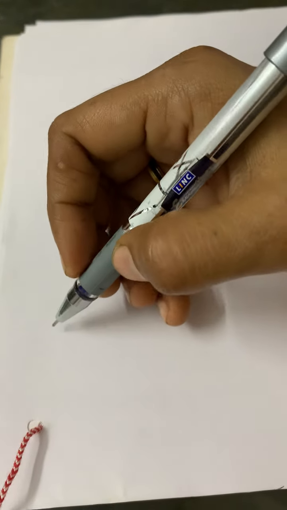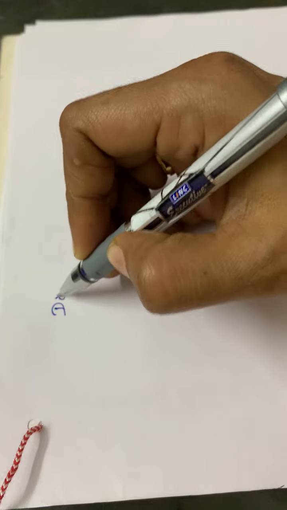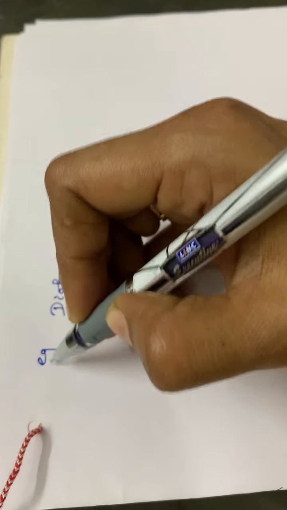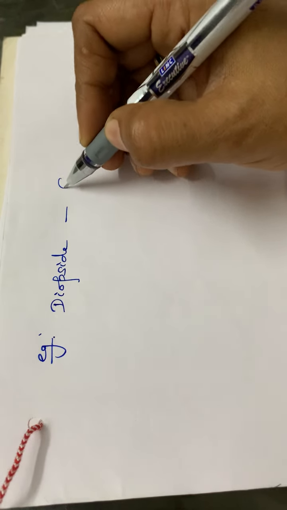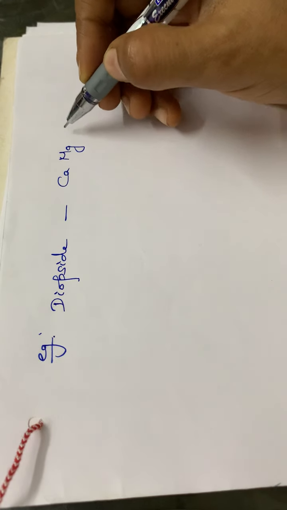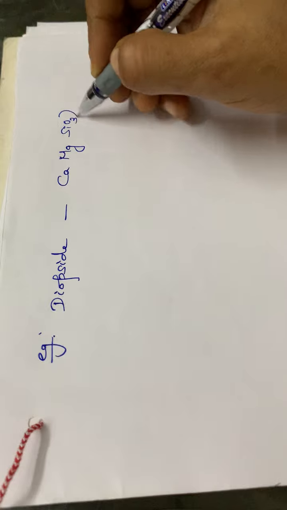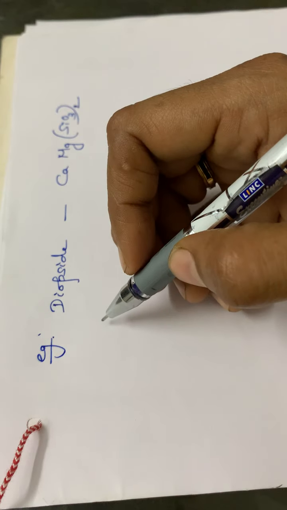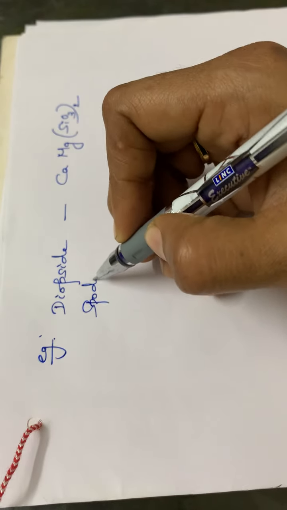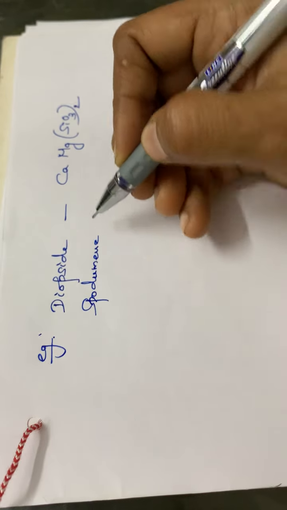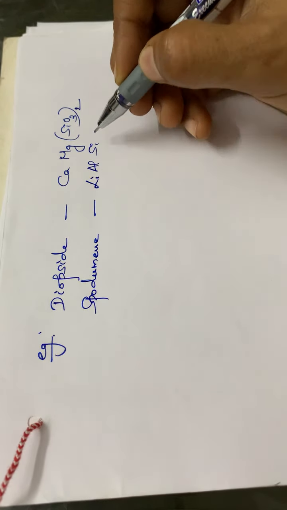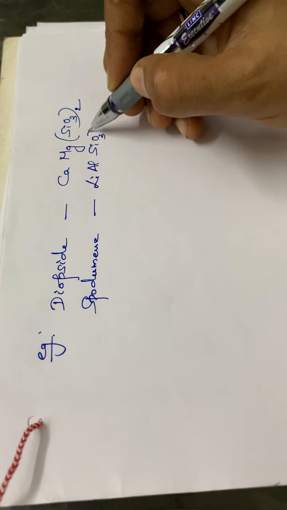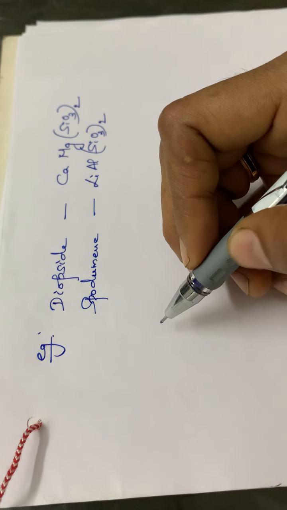and now we go through some examples of simple chain silicates. The first example is diopside, that is calcium magnesium silicate, CaMg(SiO3)2. Then spodumene, that is lithium aluminium silicate, LiAl(SiO3)2.